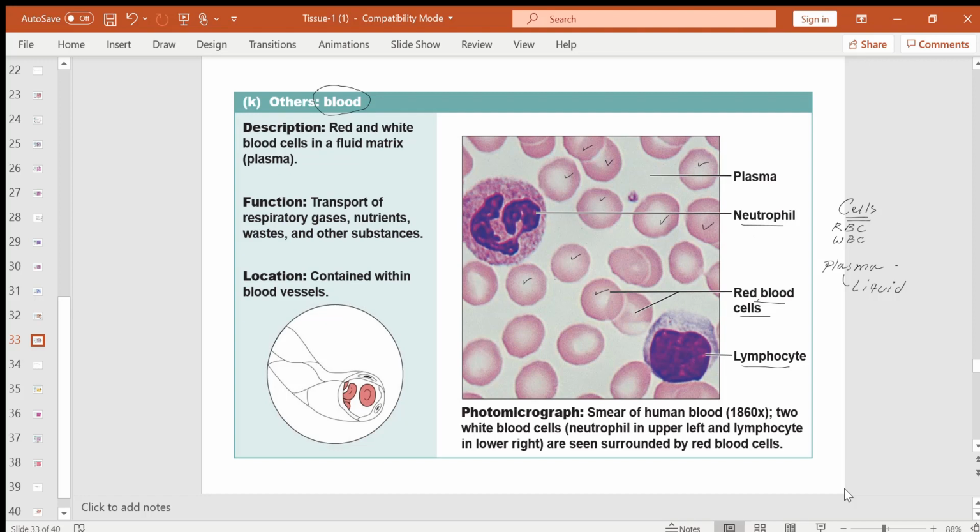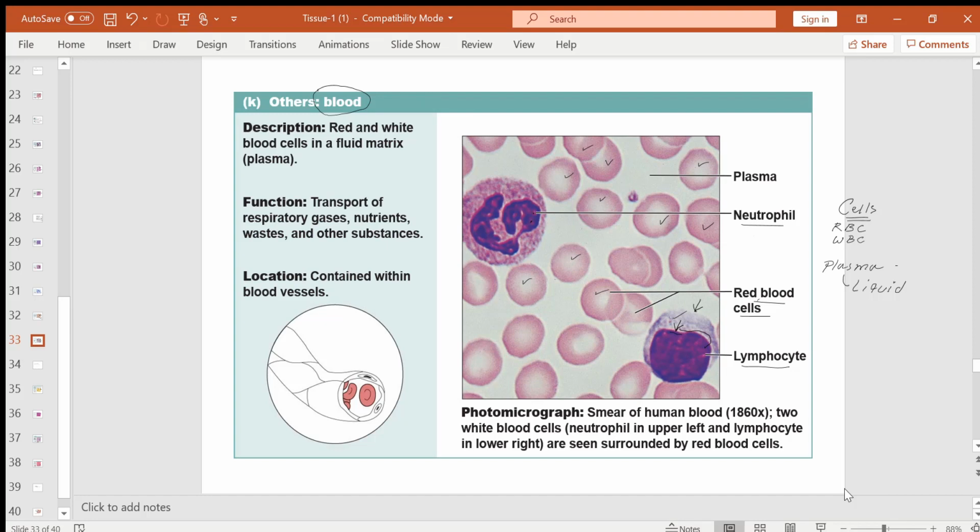So these purple cells are the white blood cells, and inside the cell, a deep purple color structure is the nucleus. Okay, so this is the nucleus here, and this is the white blood cell.